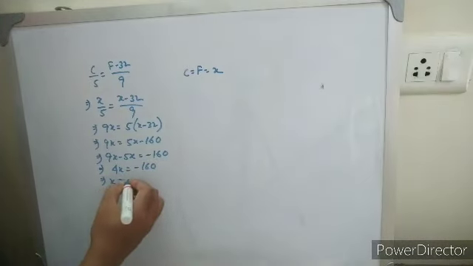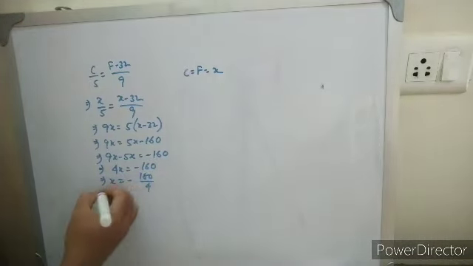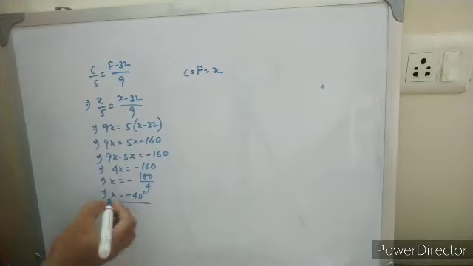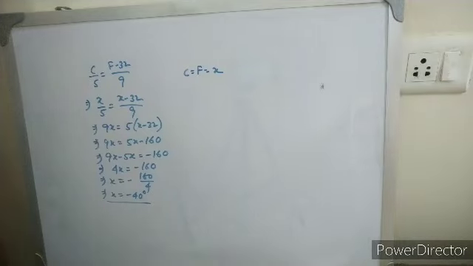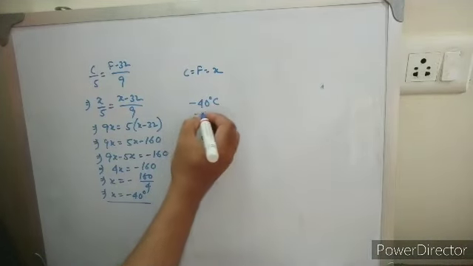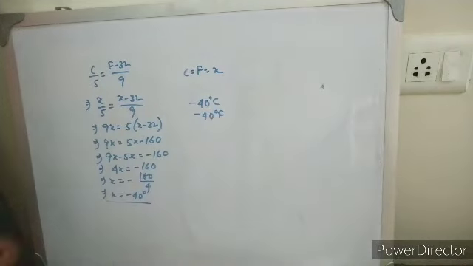Therefore x equals minus 160 by 4, or x equals minus 40 degree. There is no need of any unit, because it is minus 40 degree centigrade, or minus 40 degree Fahrenheit. It will show the same value in centigrade and Fahrenheit scale. So this is a very important problem in this section.